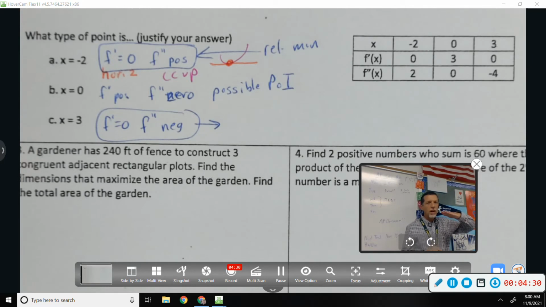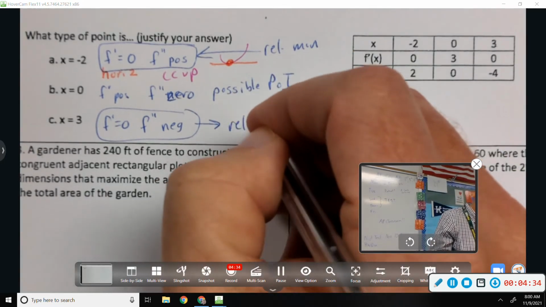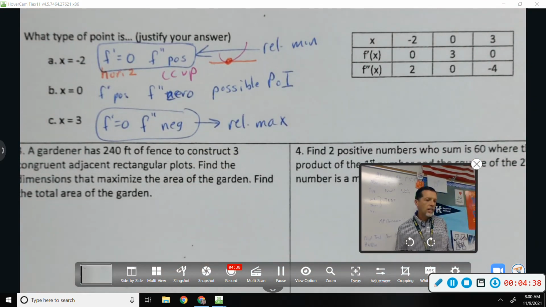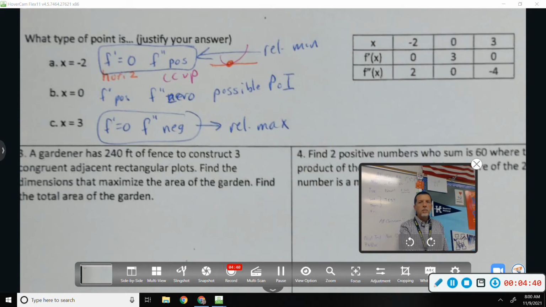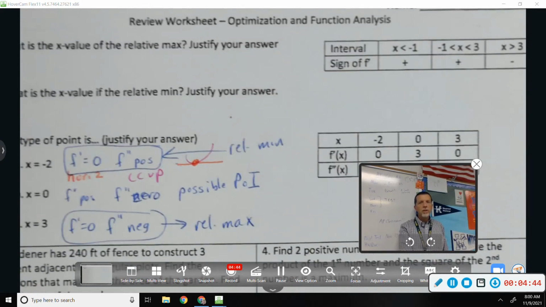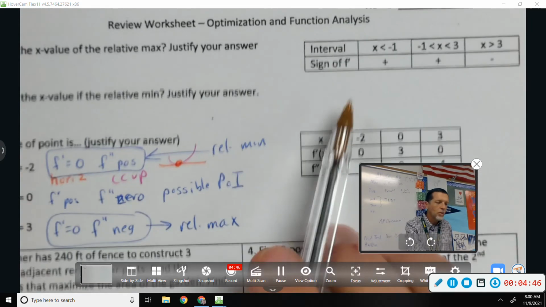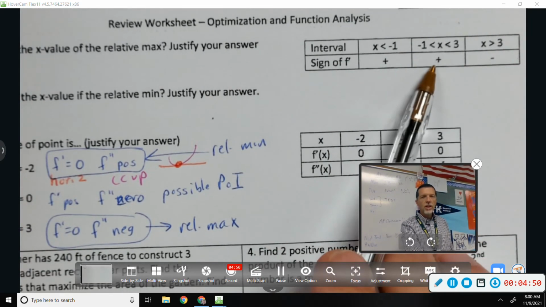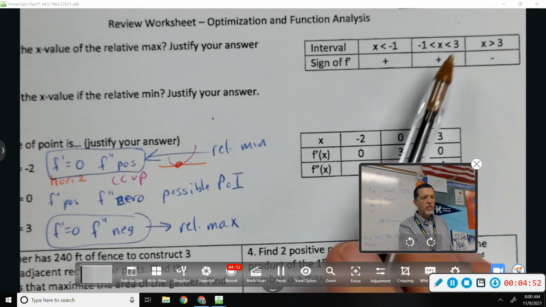It's a flat spot, but it's concave down, so there's a relative max using the second derivative test. No one asked for one, but number 1 would be a first derivative test, because all we have is stuff about first derivative. So something's going on at x equals 3, and the reason is f prime changes positive to negative.